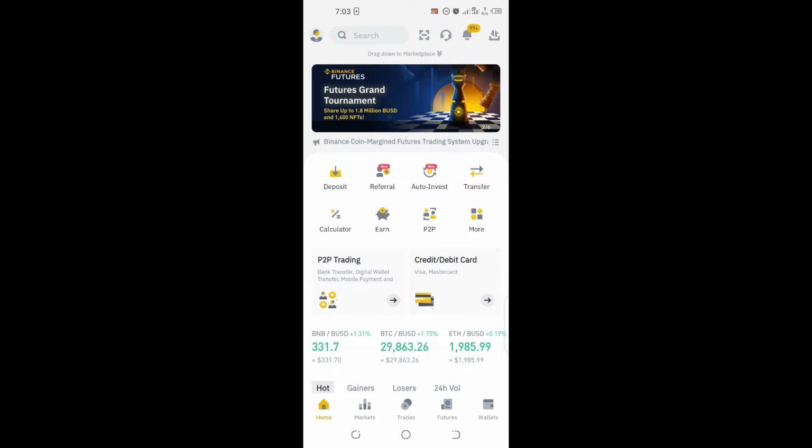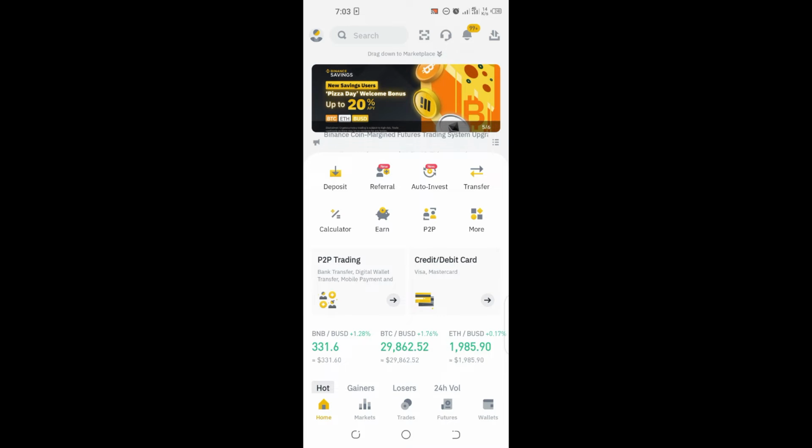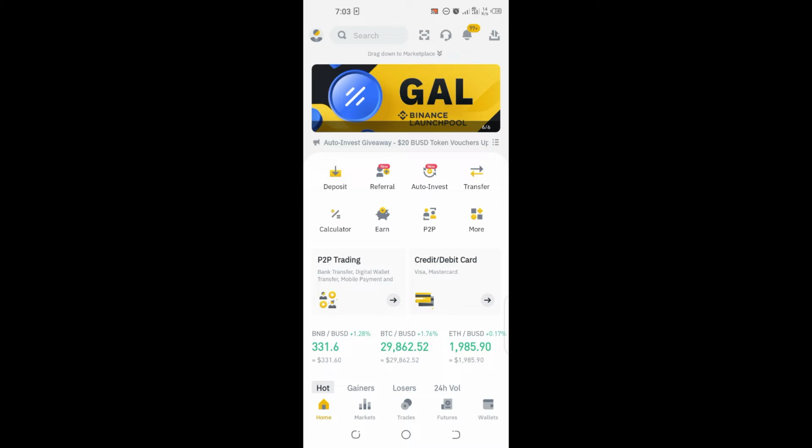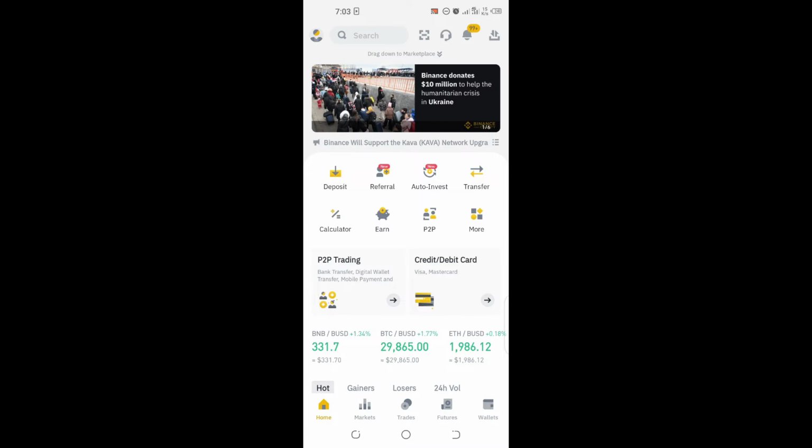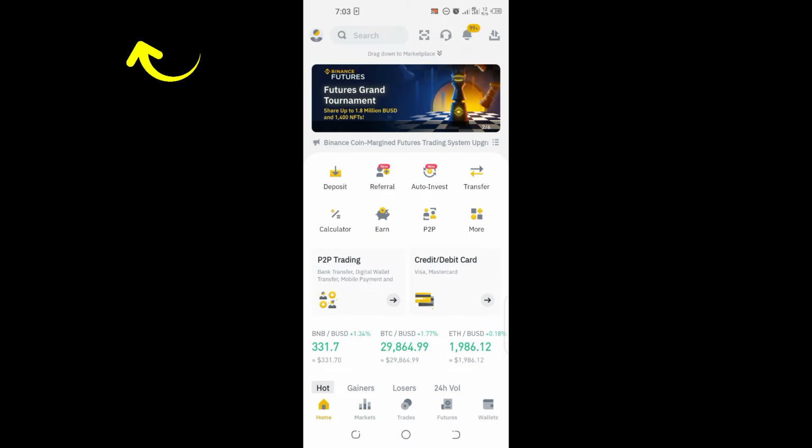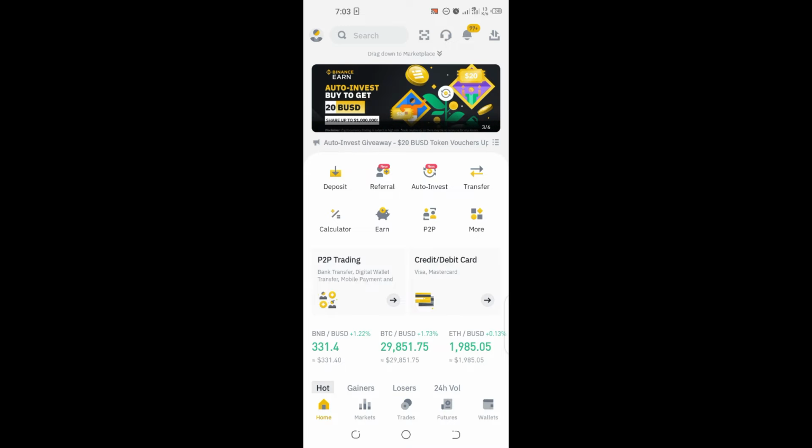Here is the Binance app. I'm using an Android phone. I don't know if it looks the same on iPhone. But once you open the Binance app like this, there are two faces on the app. You identify which face you are on by toggling the button at the top left hand corner, just beside your search bar.